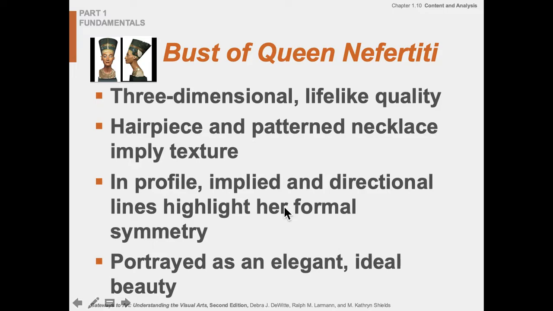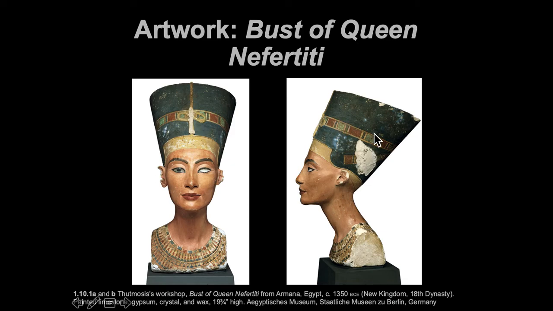So we have a directional line in her formal symmetry, implied and directional line. So if we think about the directional line that I spoke of with this angled V right here, some of the implied lines would be some of the facial features, her neckline, and so on.